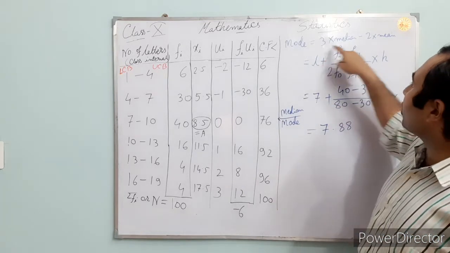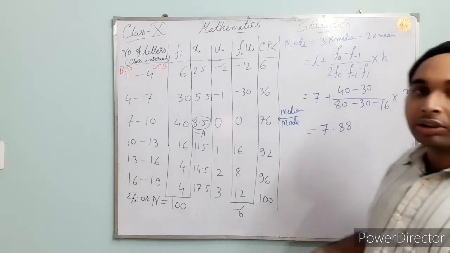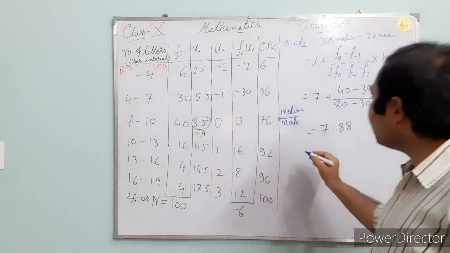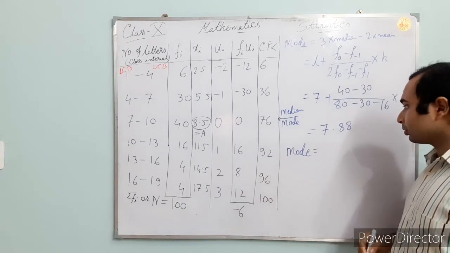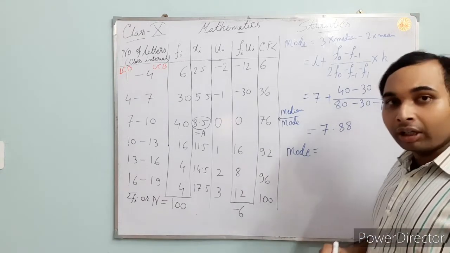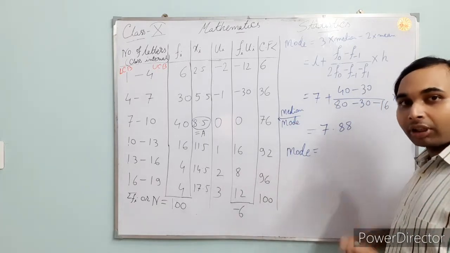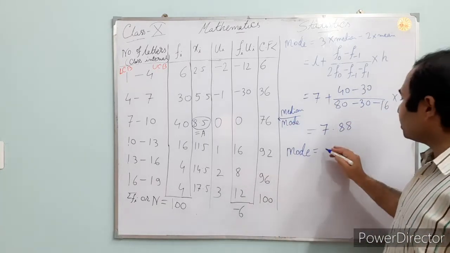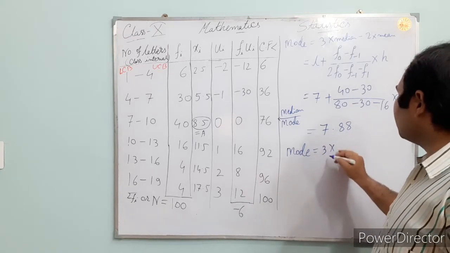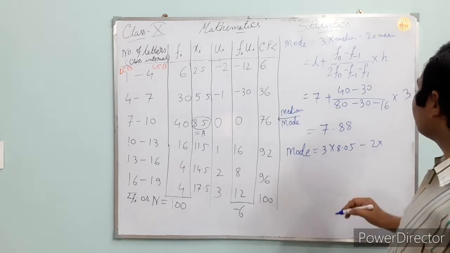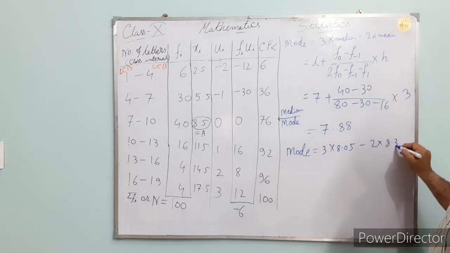Okay. And another formula, 3 into median minus 2 into mean, because we have the data of mean and median. So let us see what is coming. And one unexpected thing is coming here. It is a suspense. Okay. Let us see. 3 into median minus 2 into mean, so 3 into 8.05 minus 2 into 8.32.